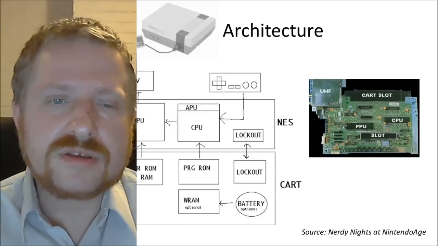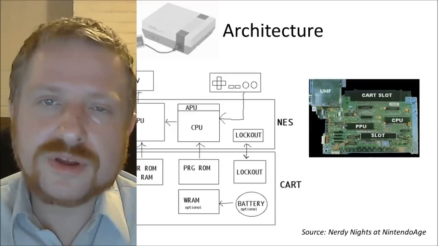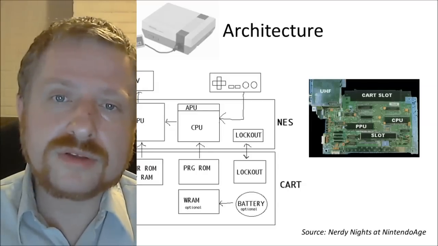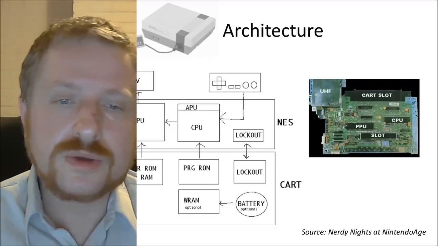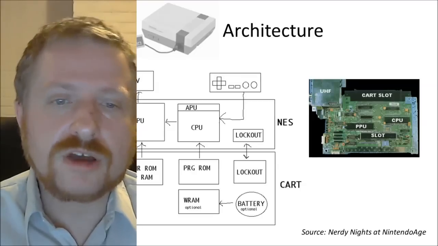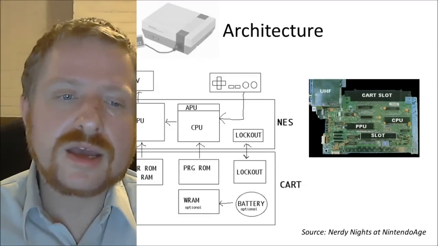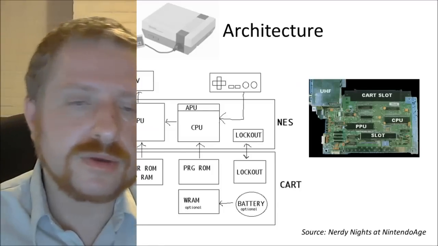So here's a simple diagram of the architecture of the NES. At the top there you see the controller, and basically that's used for user input. That input gets sent to the CPU. Whenever you turn the NES on, the PRG ROM gets copied to the CPU, and also the CHR ROM or RAM gets copied to the PPU.